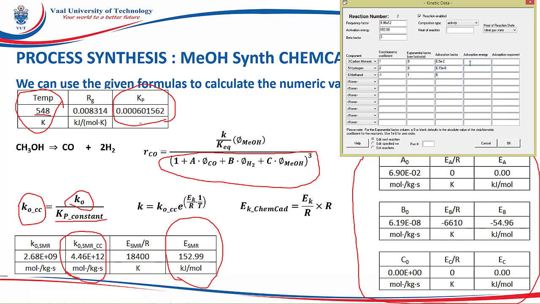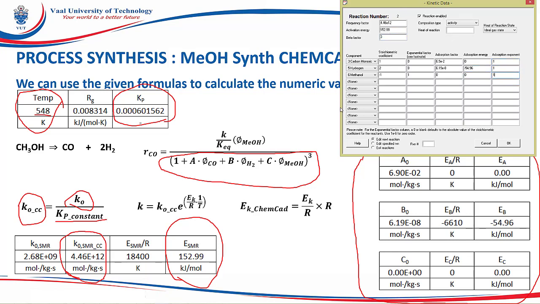The absorption energy for CO is 0. For hydrogen it is minus 54.96, and then for the last term, term C, which is methanol, it is 0. The absorption exponents remain the same, 1, 1, 1.